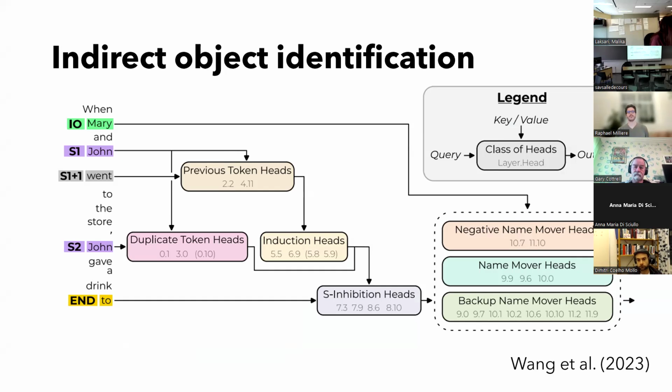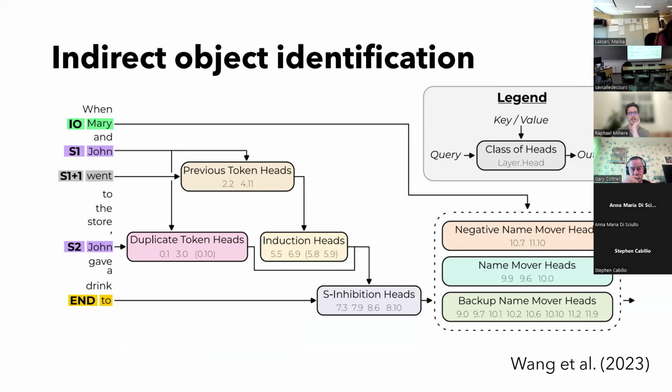This is from a paper that is a good example, as good as any, of what mechanistic interpretability researchers end up with. And this particular paper looked at a specific phenomenon or behavior of language models, which is the identification of the indirect object of a sentence.